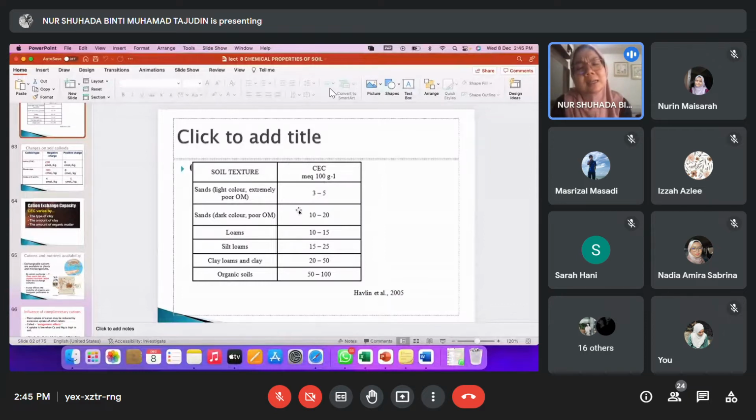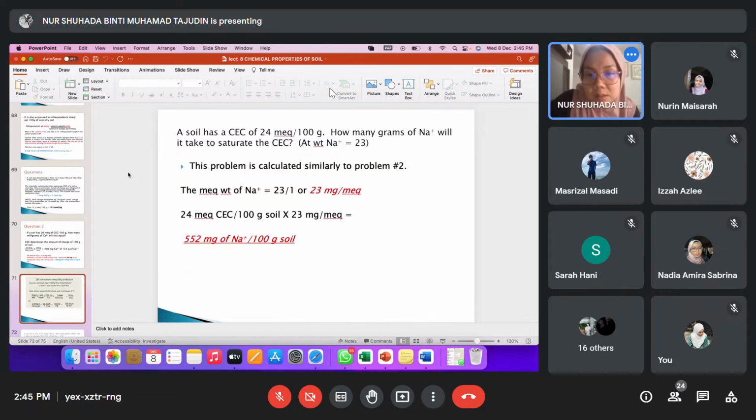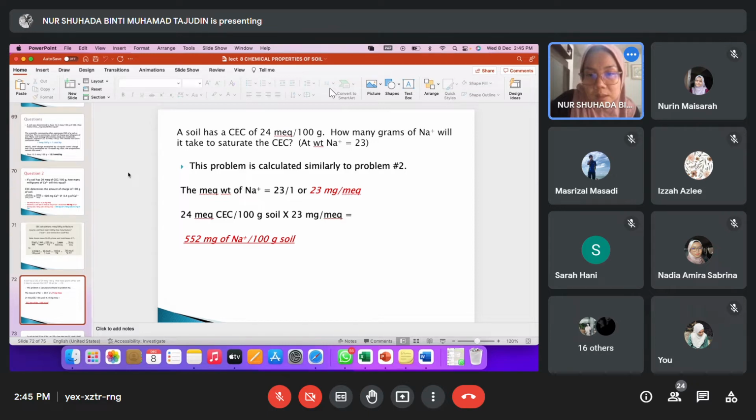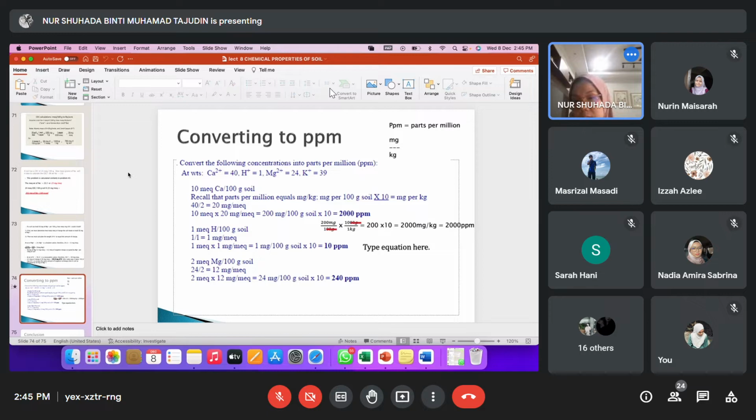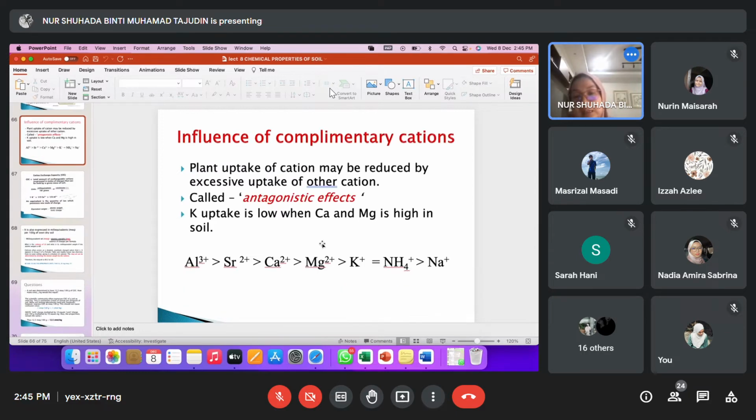Usually in my class I teach the unit conversion. Wait, let me show you. I have it below. It's about the conversions of unit. In class I teach it, but I think it's quite difficult for you to understand.